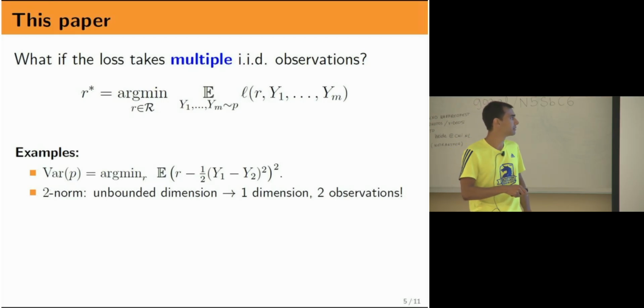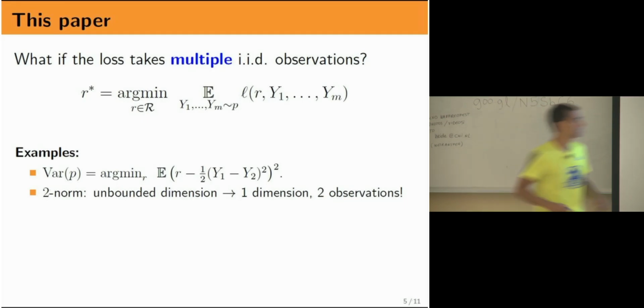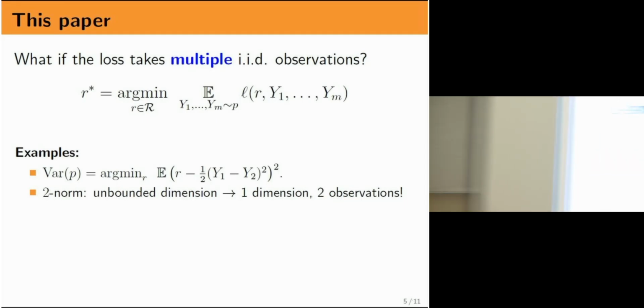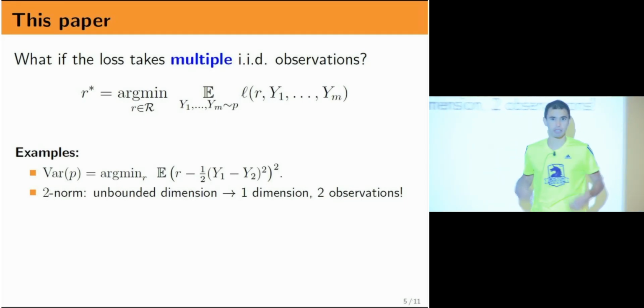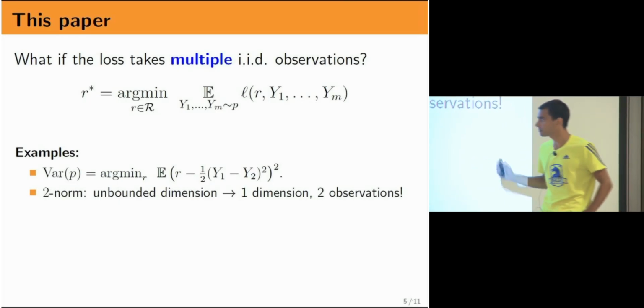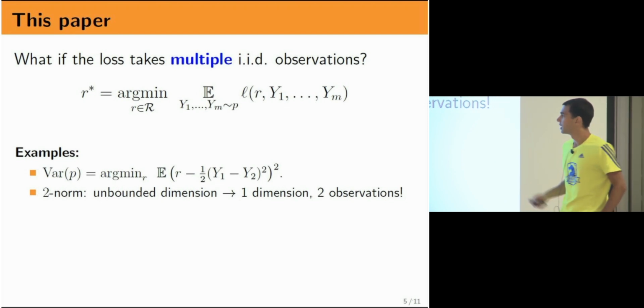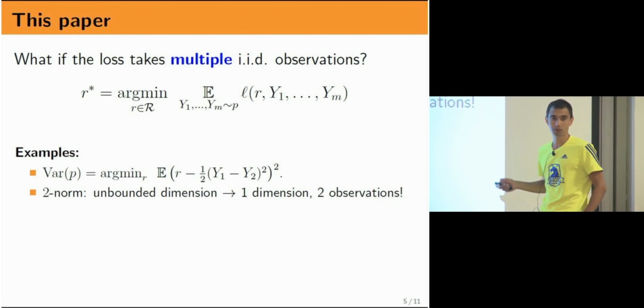For the variance, if you get 2 observations, IID, Y1 and Y2, now you can directly elicit the variance. You don't even need a link function with a single parameter R. Intuitively, that's because this expression is an unbiased estimator for the variance, and then I can use squared loss to elicit its expectation.